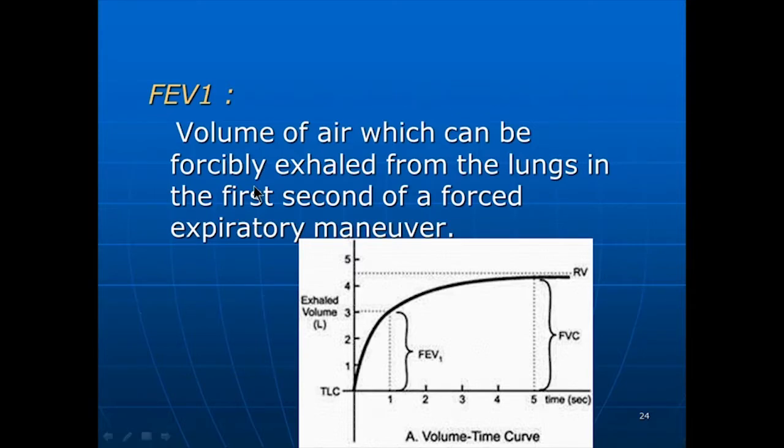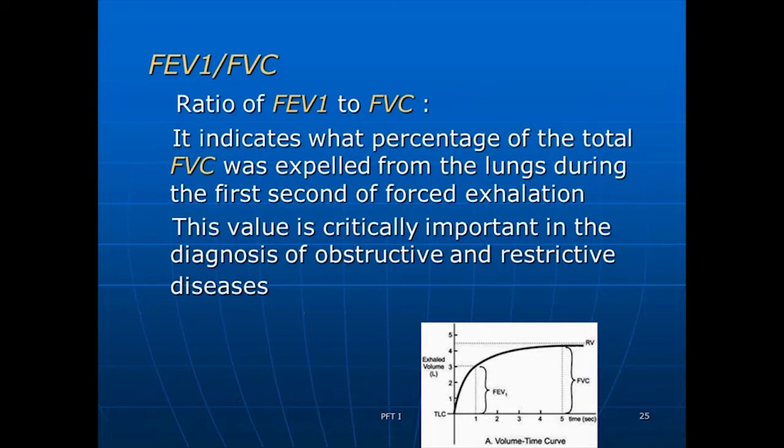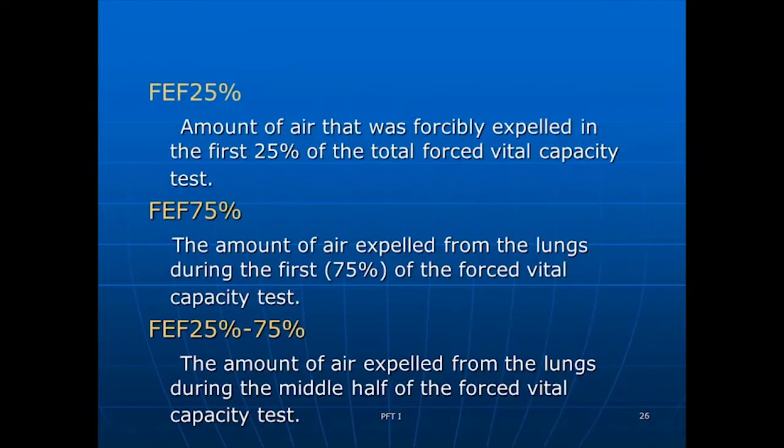So this is the amount of air that's forcefully exhaled from the lungs in the first second of the forced vital capacity, and that should be 80%. And again, the ratio is the percentage of the FEV1 to the forced vital capacity. And again, we talked about approximately 80% being the cutoff.